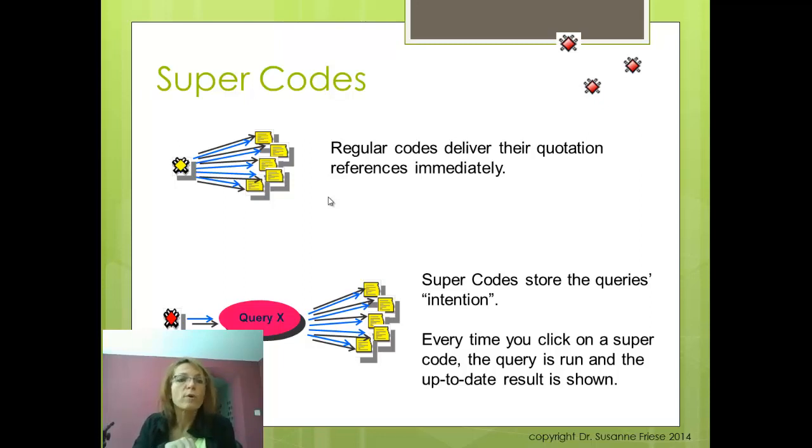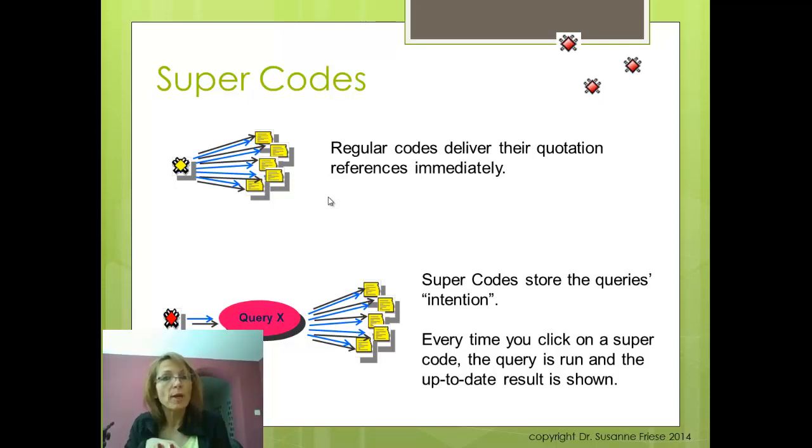A normal code is always linked directly to its quotations, and changes are not made automatically. You have to unlink a quotation from a code to get rid of that link. A supercode is not directly linked to quotations. That also means it's not showing up in the margin area, which is actually quite nice, as often it's quite full anyway.